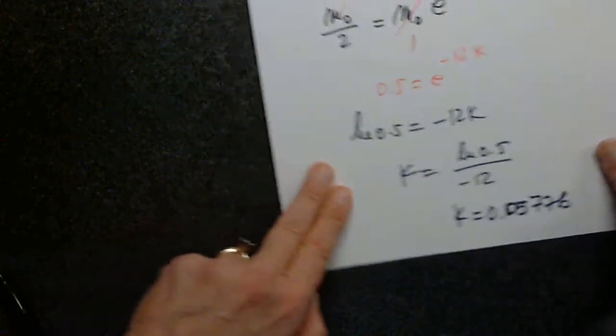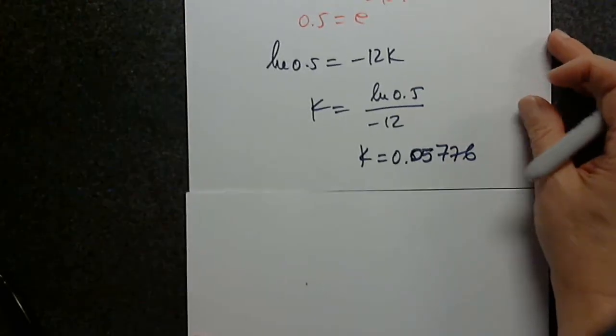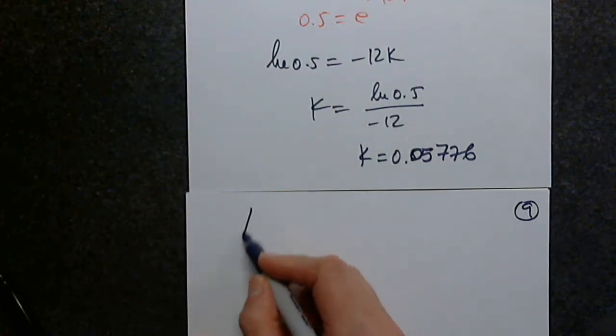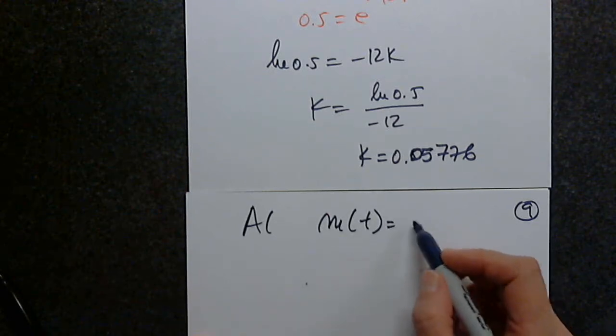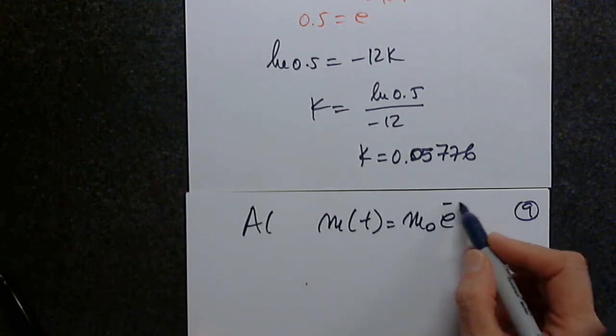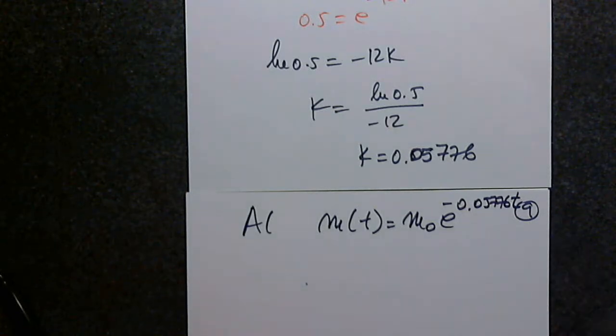So I have the model, and you can say you don't have M0. I don't care for M0. So M of T equals M0 e to negative 0.05776 T.